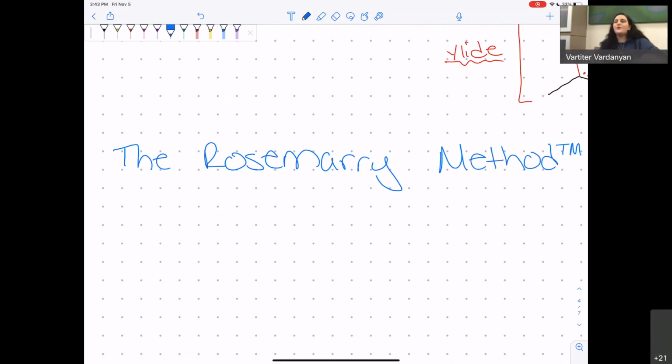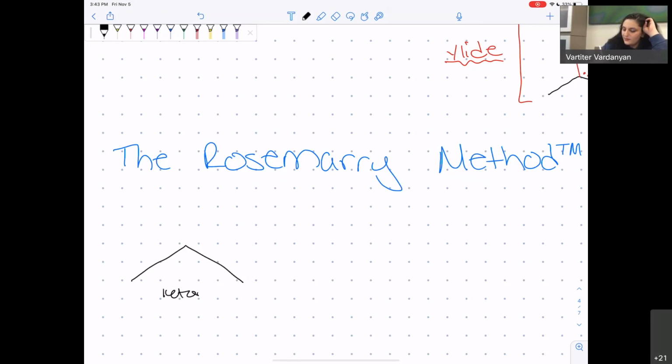Okay. So the rosemary method requires us to get back in that Halloween headspace, right? So I want us to think back to last week, and we're going to pretend that we're Dr. Frankenstein. So the ylide reaction can happen between any ketone or aldehyde.